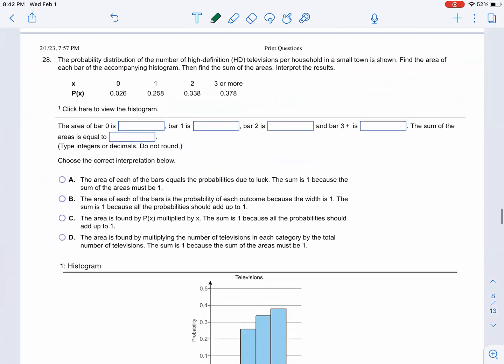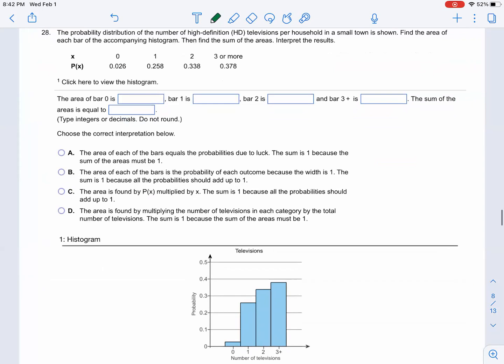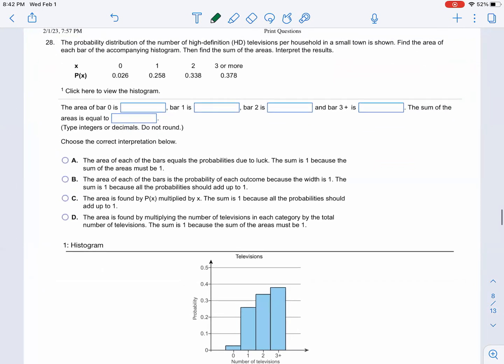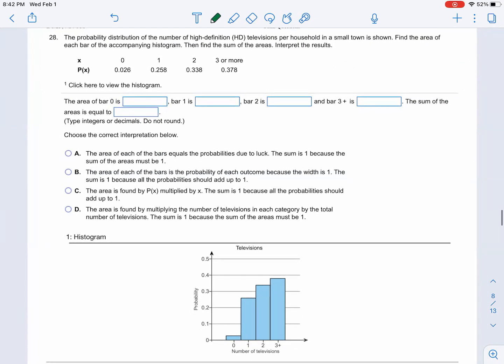Let me see, what else is there? 28, the probability distribution for the area of bar 0. Okay, areas are equivalent to probability. So when they ask what is the area, literally what they're asking you for is just the probability of x equal to 0. Probability of x equal to 0 is right here.